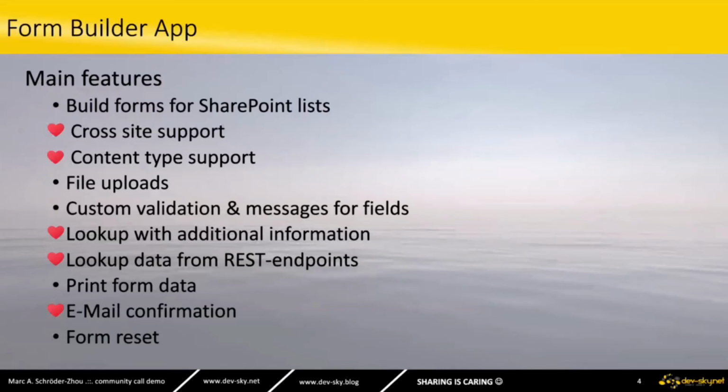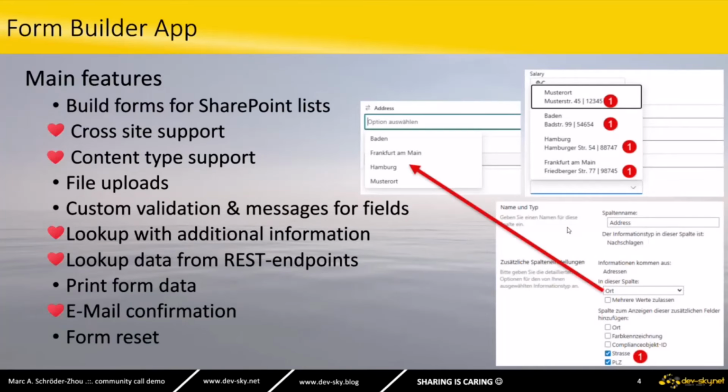You can add custom validation rules and messages for each form field. In case the list contains lookup fields, all additional columns will be used to generate the choice item in the drop-down list, not just a single data field like in SharePoint default forms. This means that not only the main field lookup value is displayed. You see an example here on the slide, on the right side.